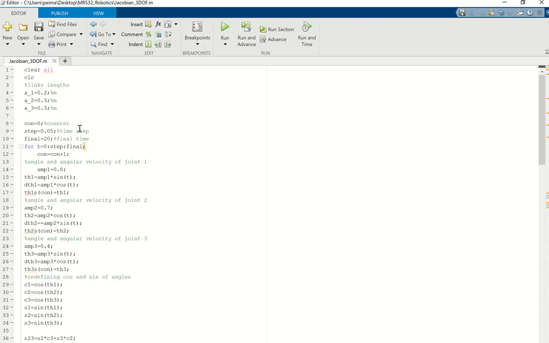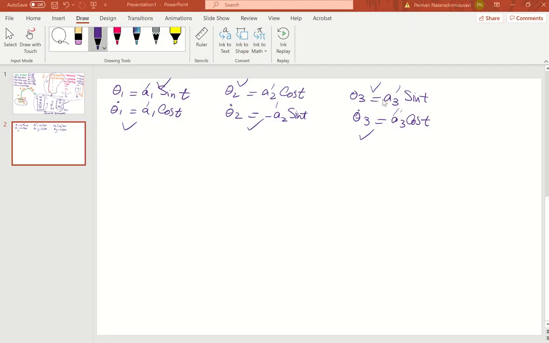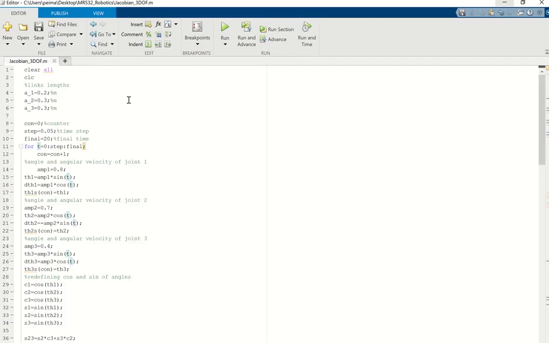So time, because we'll be using time in these angles and angular velocities of the links, goes from 0, with time step 0.05, to the final time. Then I'm saying con is count plus 1. I will teach you what this is.